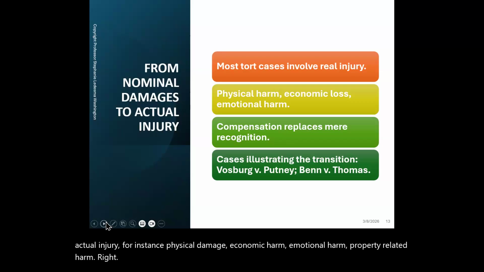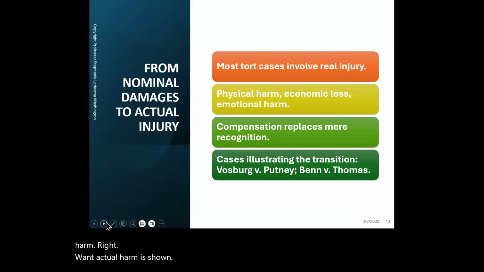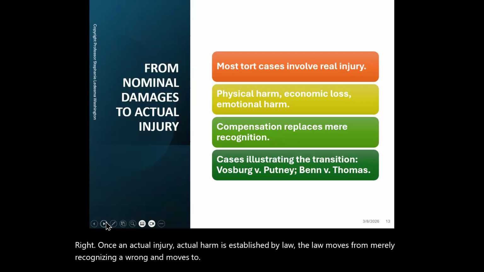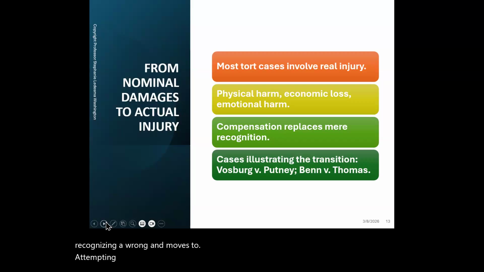Once actual harm is shown, the law shifts from mere recognition of a wrong, nominal damages, to compensation for the loss. Once actual harm is established, the law moves from merely recognizing a wrong to attempting to compensate for the loss.